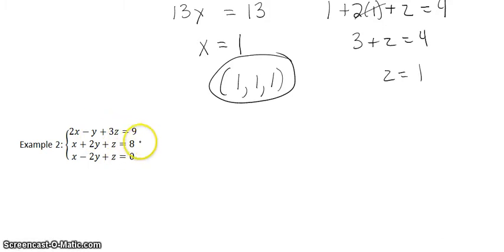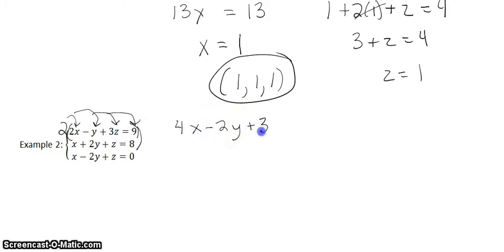So I'm going to first combine the first two equations, but the top equation I'll need to multiply by 2. So I would have 2 multiplied across this whole equation here. So I would have 4x minus 2y plus 3z equals 9.